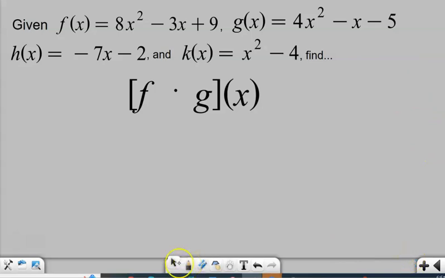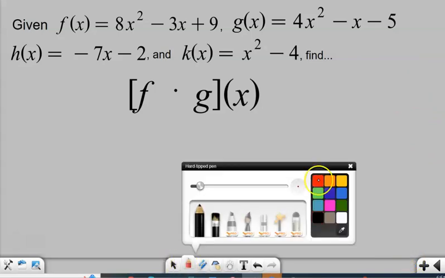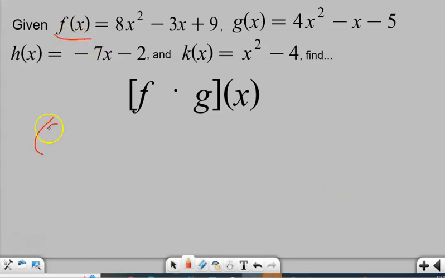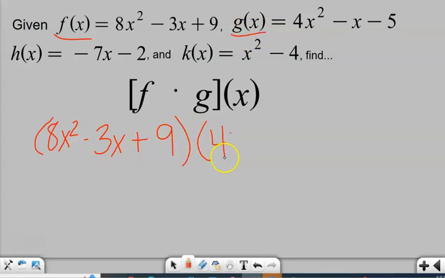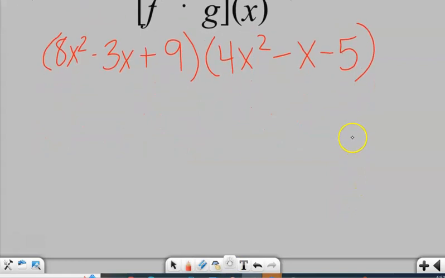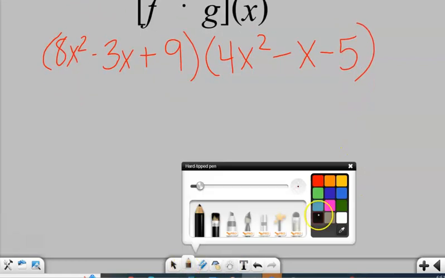So that means that we are going to multiply f of x, which is our 8x squared minus 3x plus 9, times g of x, which is our 4x squared minus x minus 5. So it just told us where to go. I'm going to use the box method. I tend to when I have the ones that are this big.